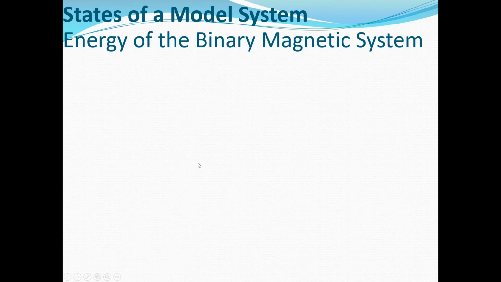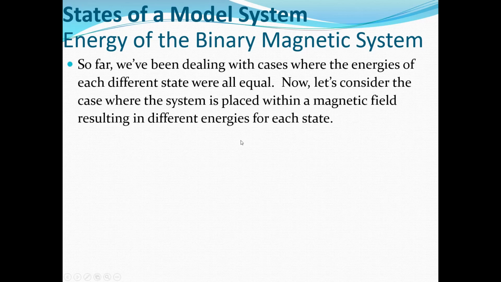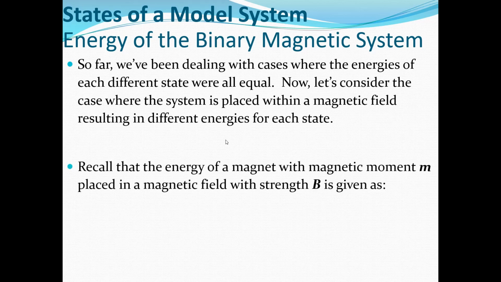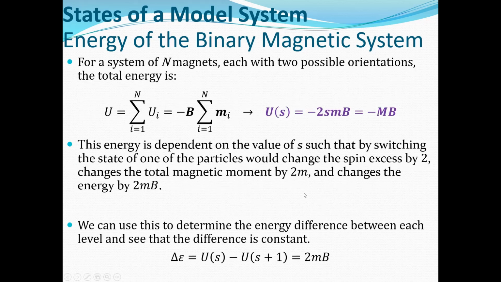All right. Another thing we can talk about is dealing with the energy in the binary magnetic system. So here, this is just saying that if we end up adding in a magnetic field, we can figure out the energy being equal to this. That's just the equation.